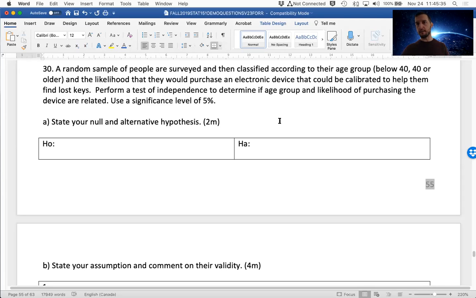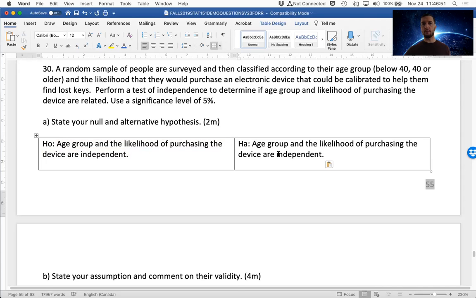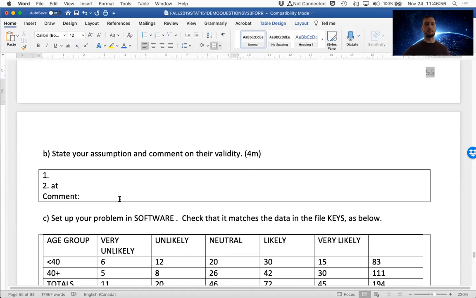So in the independence test, we are again trying to determine if there's a relationship between the first variable and the second variable. So our null hypothesis will be that age group and the likelihood of purchasing the device are independent. And this is going to go against the alternative that age group and the likelihood of purchasing the device are not independent.